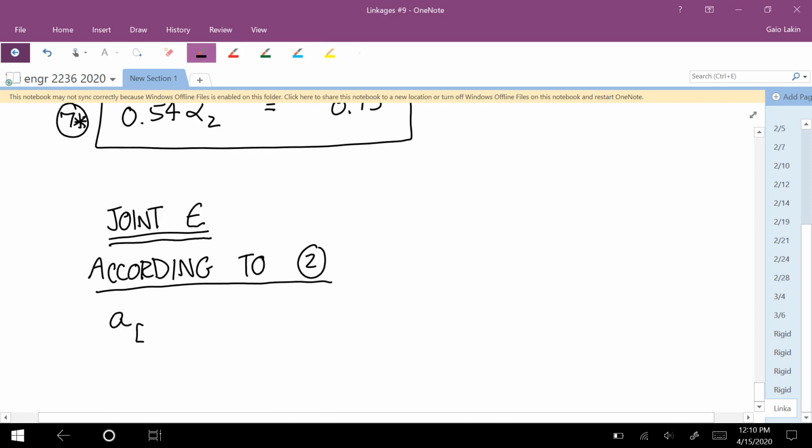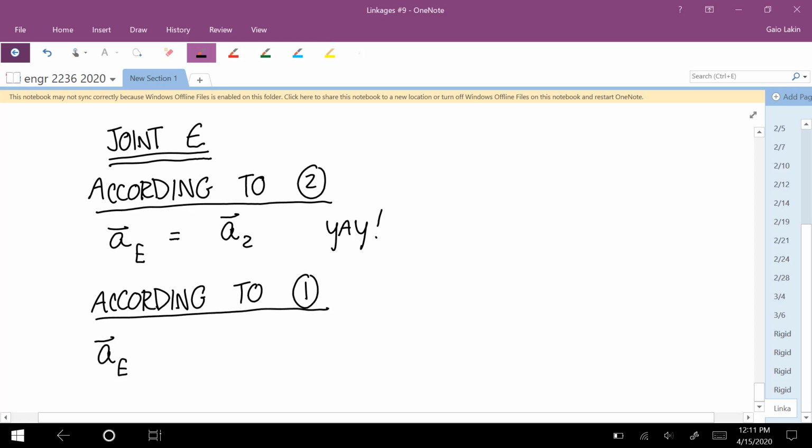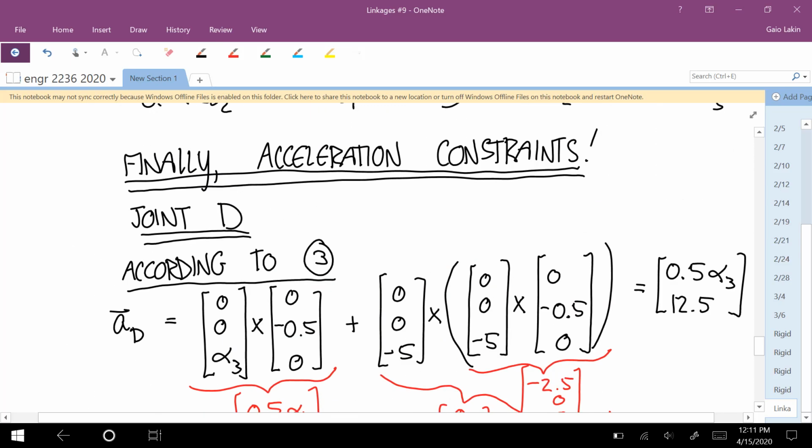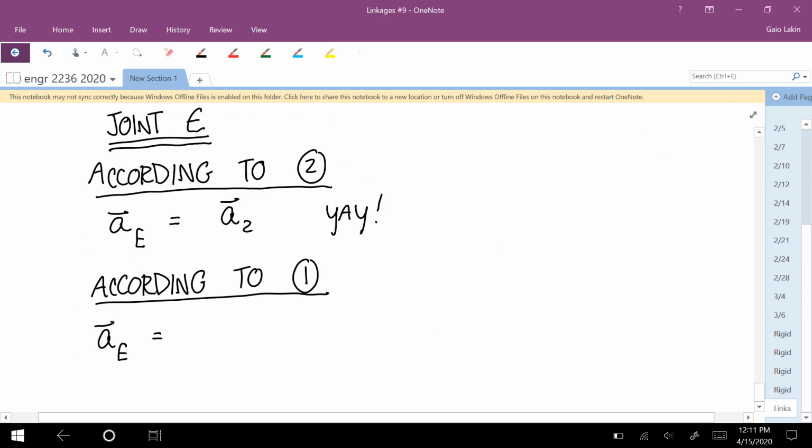So AE is just equal to the acceleration of the center of mass of 2. Yay. Okay, so according to member 1, the acceleration of E is equal to the angular acceleration of body 1. That's 1.25. Oh no, angular velocity, sorry. I'm getting ahead of myself.